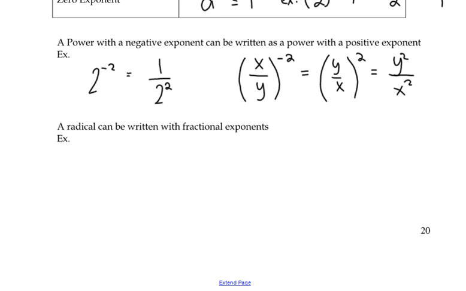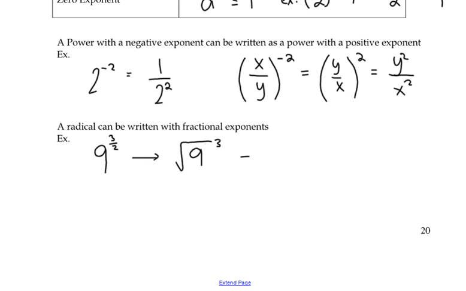When we have a fractional exponent, so say I have 9 to the power of 3 over 2. Whenever we see a fractional exponent, we can change it to a radical. So that would be the square root of 9, all cubed. Because it's power over root. So it's power on top, roots on the bottom.